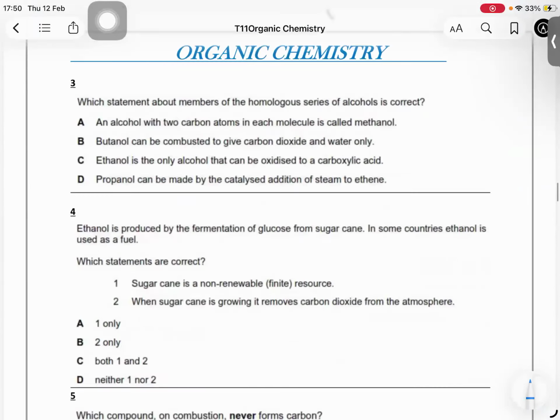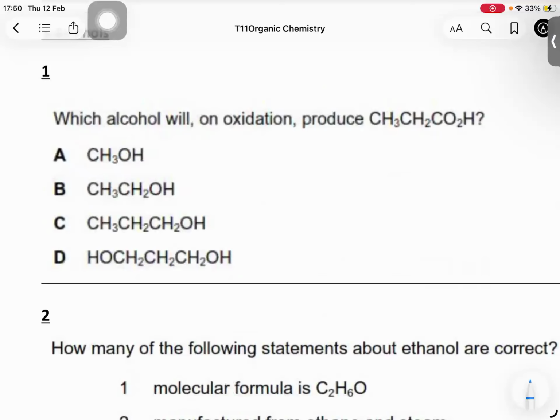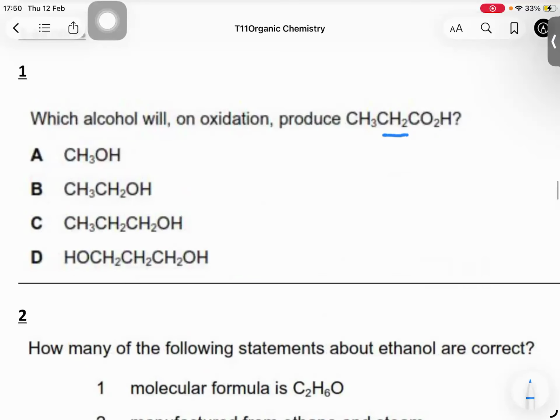Okay, here is the alcohol. Which alcohol will, on oxidation, produce this acid? First, look at the acid. How many carbons? Known as propanoic acid. So, which alcohol should it be?